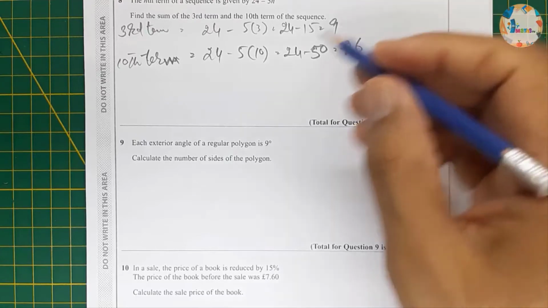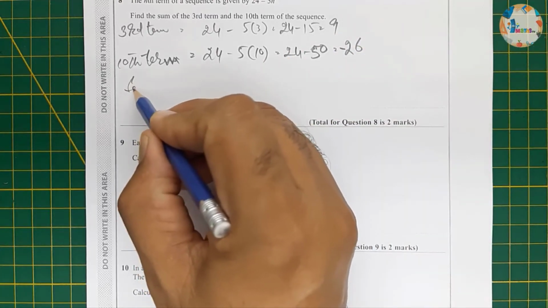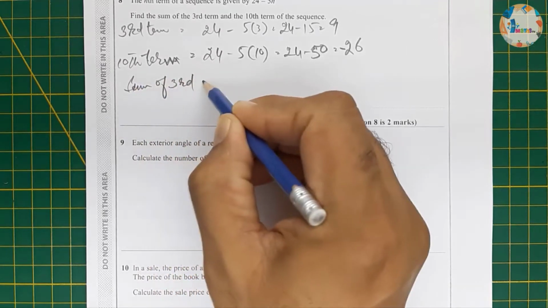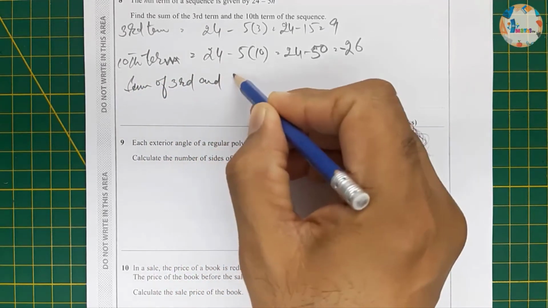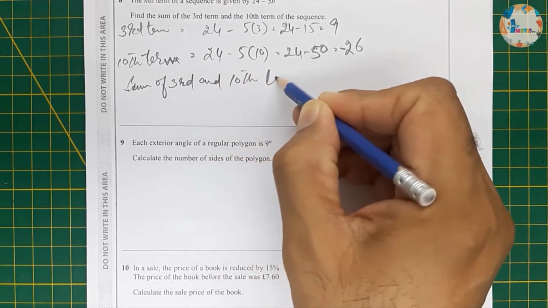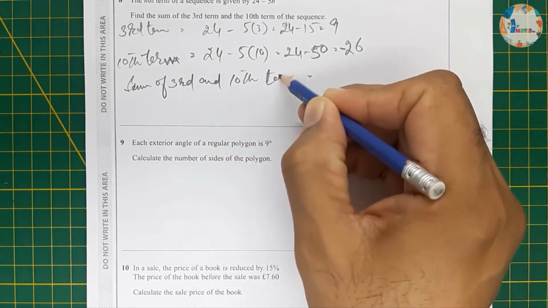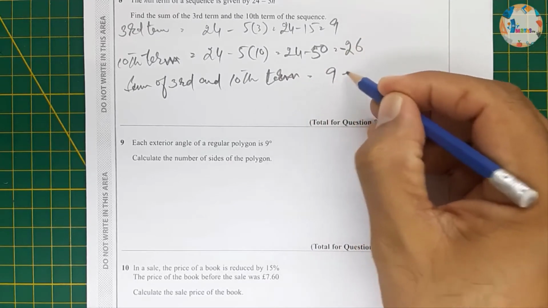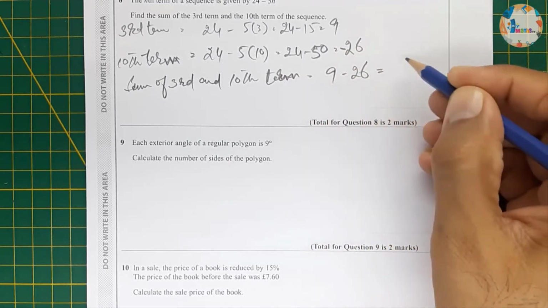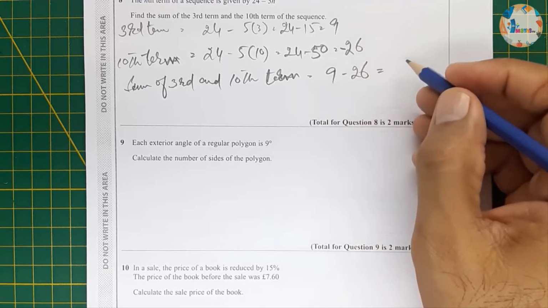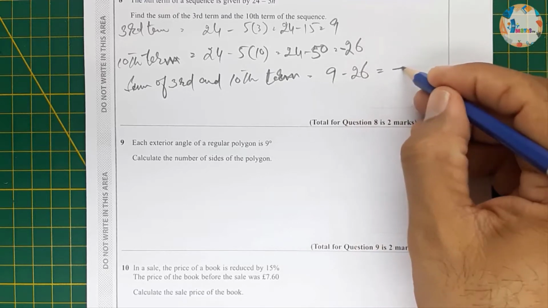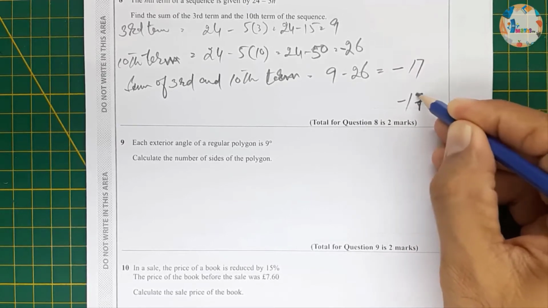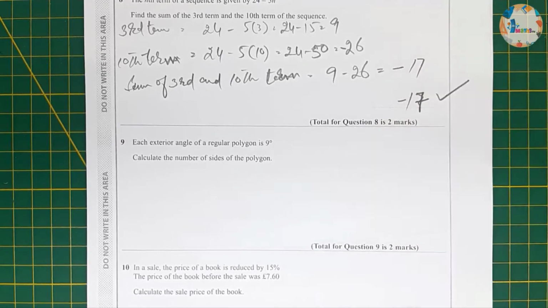And we can write the sum of third and 10th term will be equal to 9 and minus 26. This will be equal to minus 17. Minus 17 will be our final answer to this question.